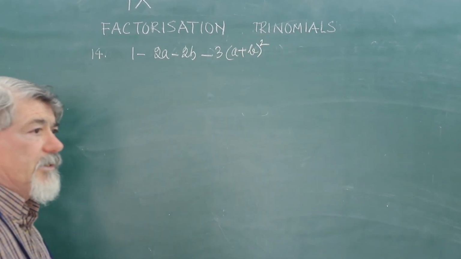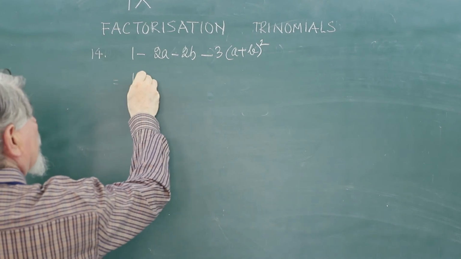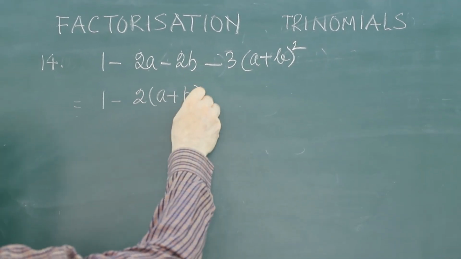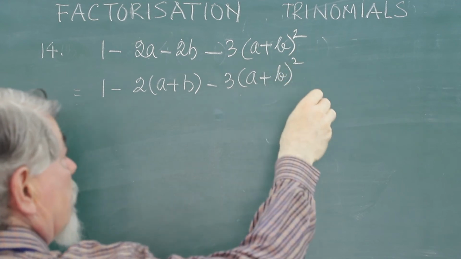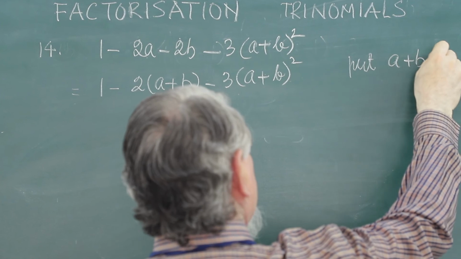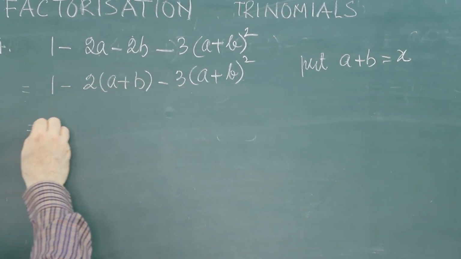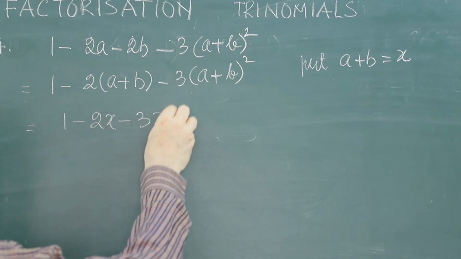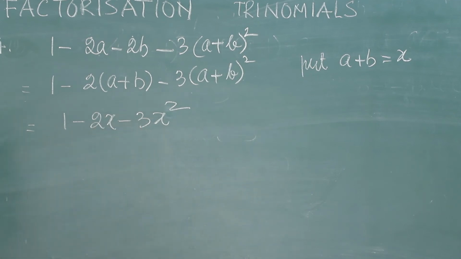Again, the question looks a little tedious, but it is very simple. 1 minus, I will take 2 common here, it will become a plus b, minus 3 into (a plus b) whole square. Now put a plus b as x. It will become 1 minus 2x minus 3x square.